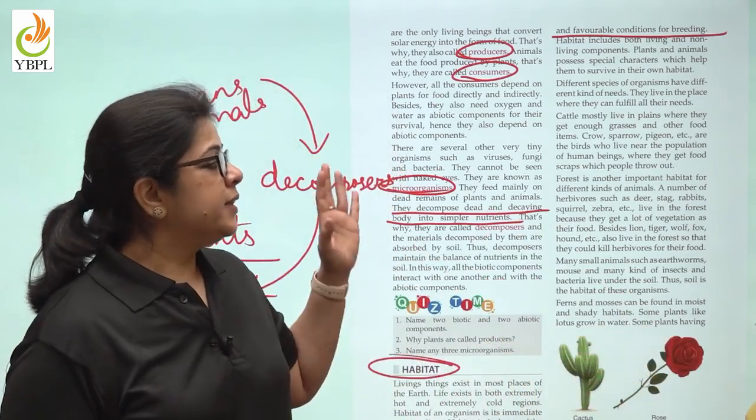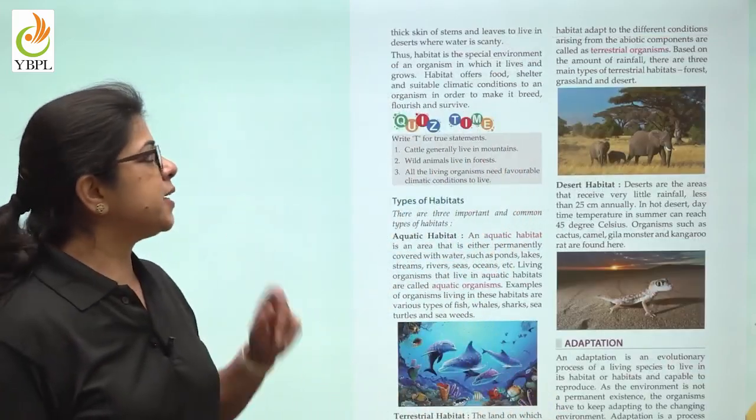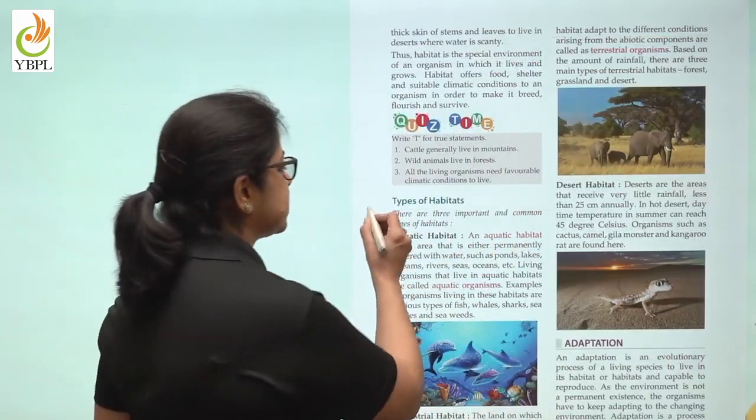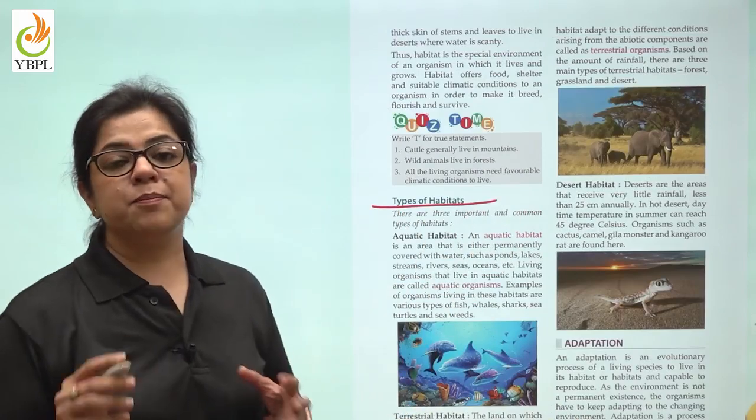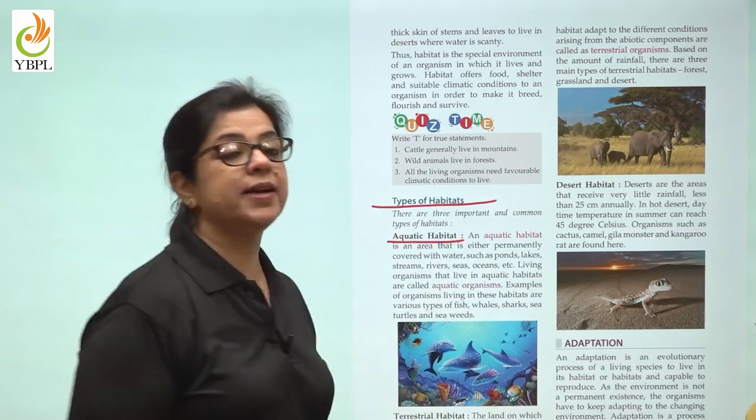So children, this is the entire working of habitat, and as we can see, these habitats can be classified into three important parts. The first is the aquatic habitat.